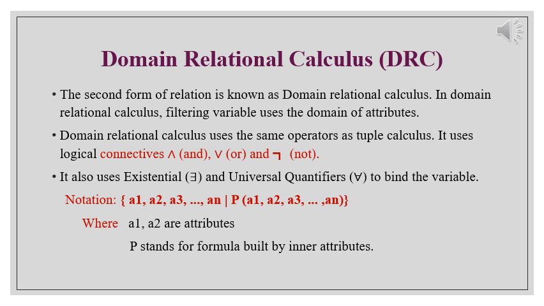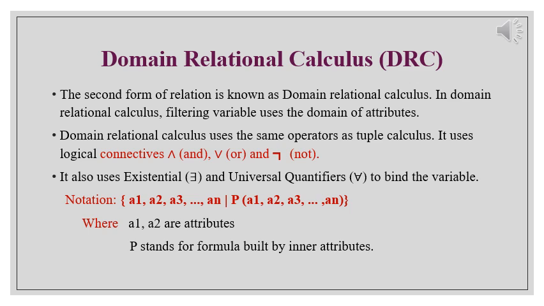Now coming to domain relational calculus. Domain relational calculus is also known as DRC. The second form of relational calculus is known as domain relational calculus. In domain relational calculus, the filtering variable uses the domain of attributes. So in tuple calculus tuples are filtered, and here the domain of attributes is filtered.